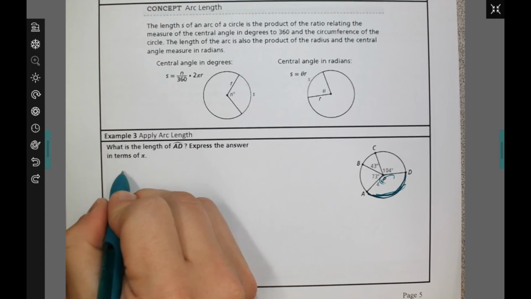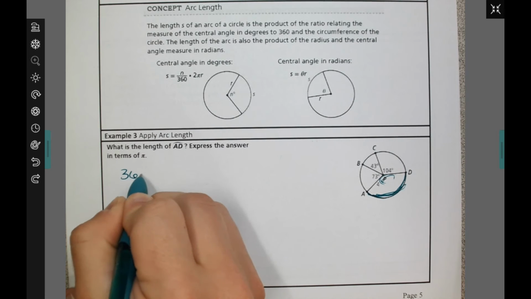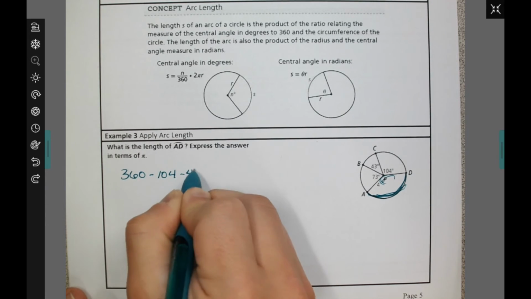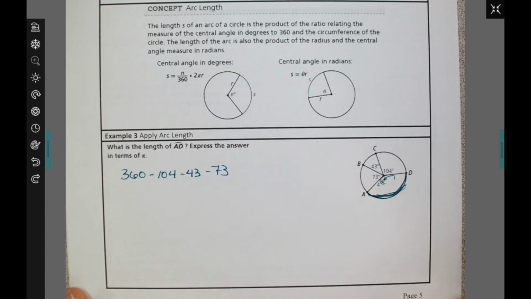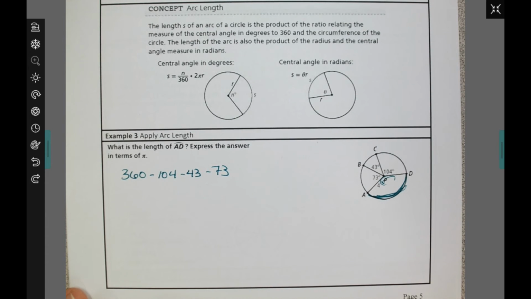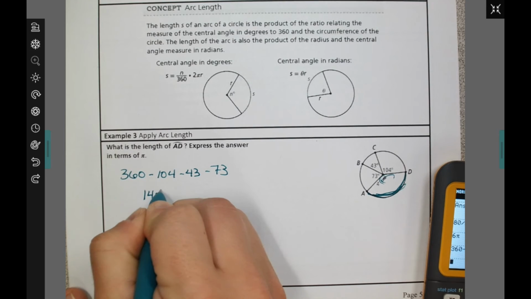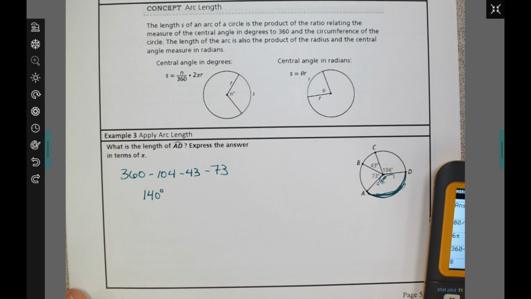So for a circle, I know we have 360 degrees, so I'm going to go 360, and I'm going to subtract off the other angles they gave me. So we got 360 minus 104 minus 43 minus 73. It's going to give me 140 degrees.